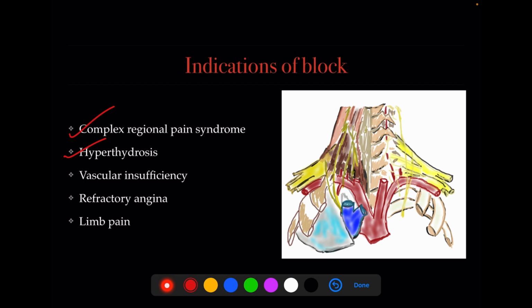Next, it is used to treat vascular insufficiency. Next, it is used to treat refractory angina, and last, to treat persons having amputation of either upper limb or limb pain.